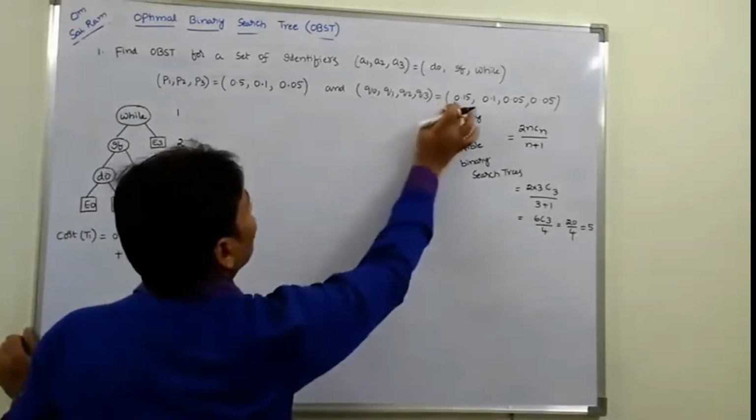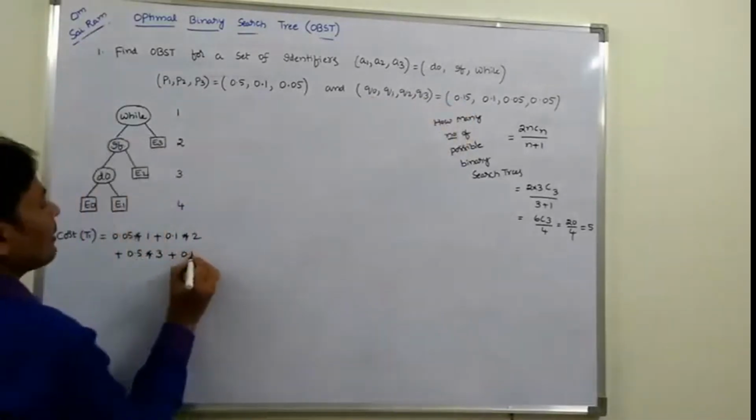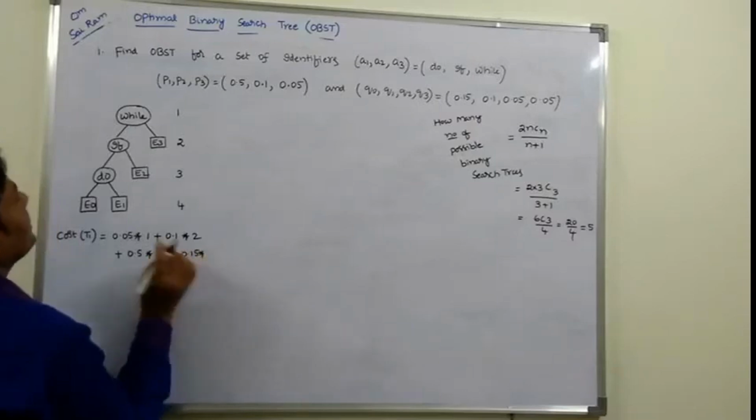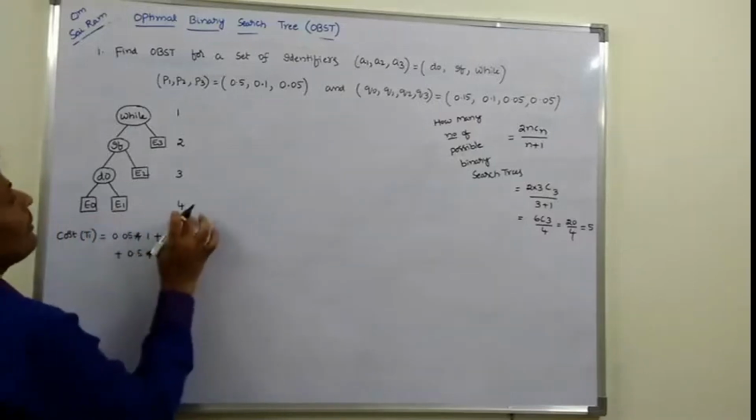E0 belongs to Q0, its probability is 0.15, multiplied with level minus 1.